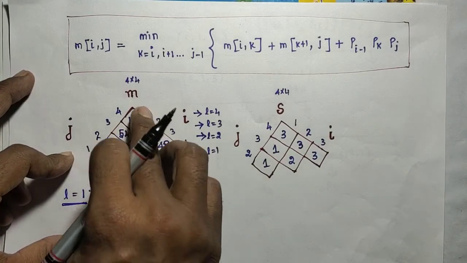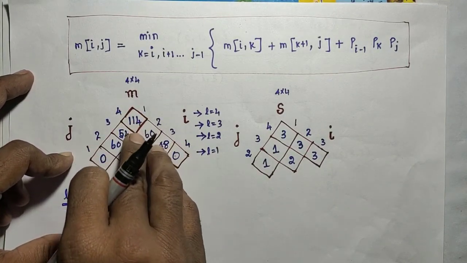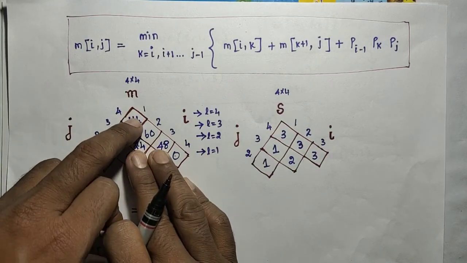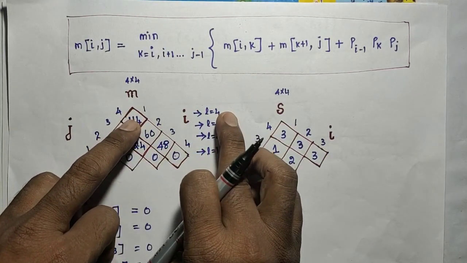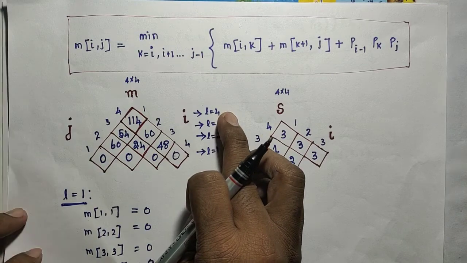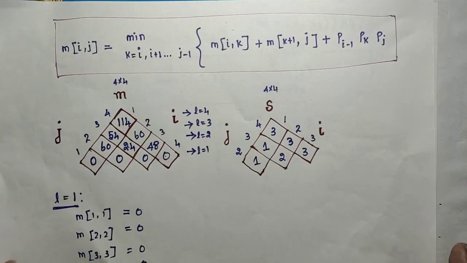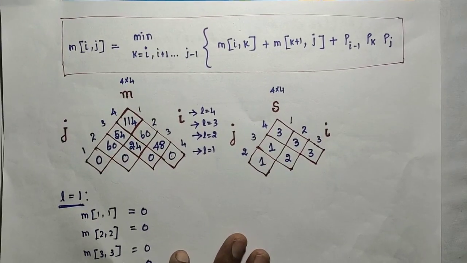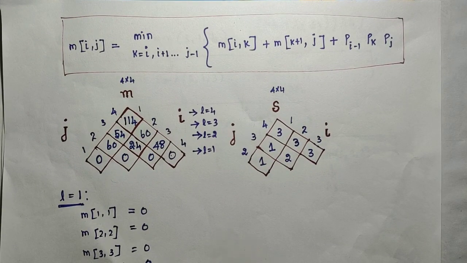By using those solutions, we have calculated the minimum multiplication for length equal to 4 for our problem. Okay, so try to understand how it is called a dynamic programming approach, and try to understand the difference between divide and conquer and dynamic programming.